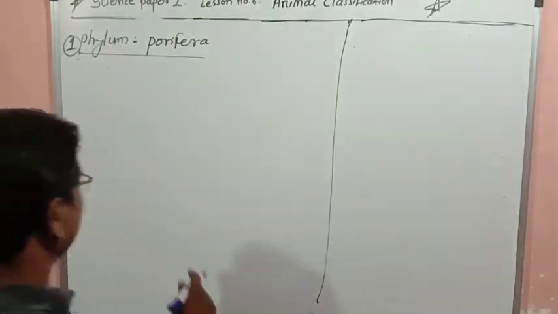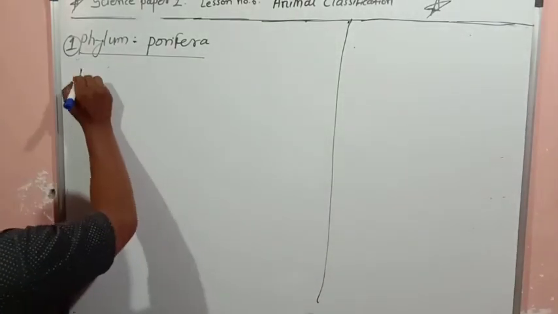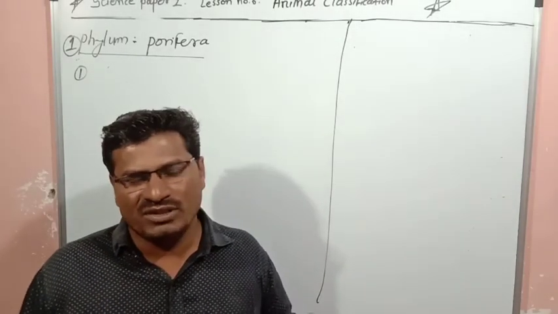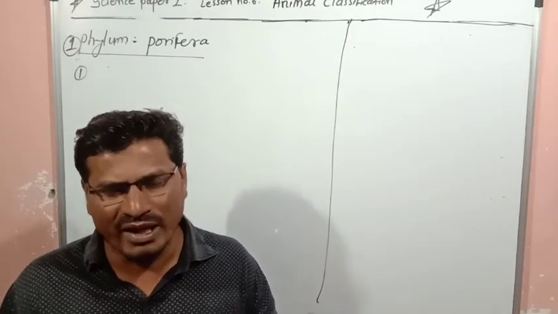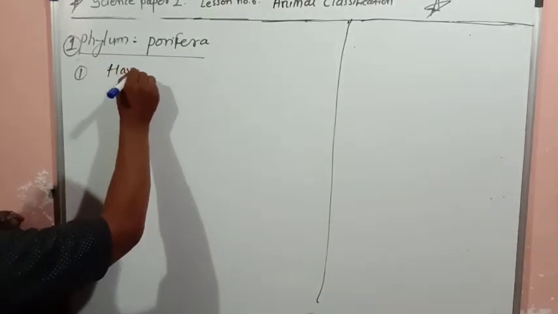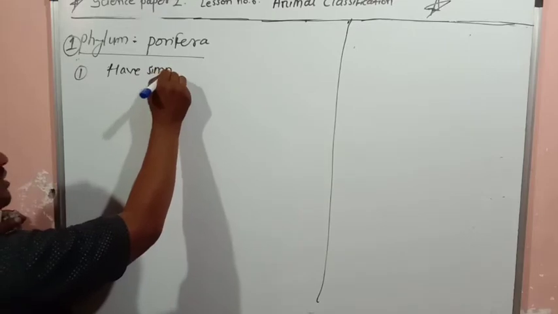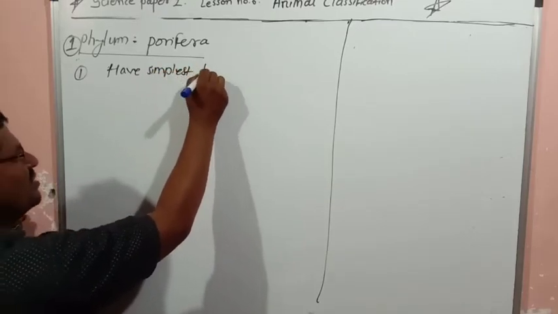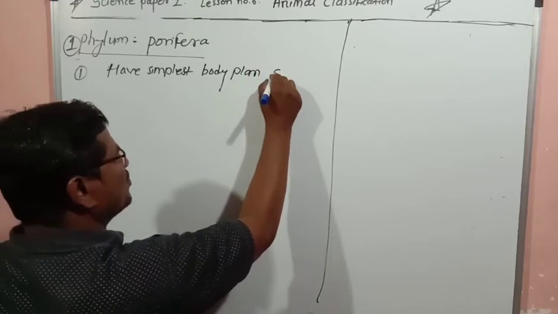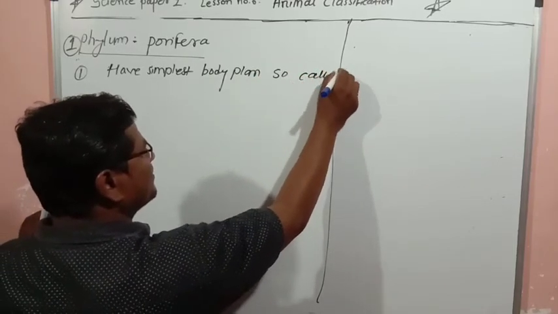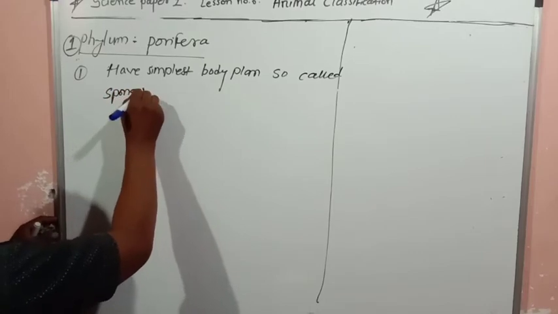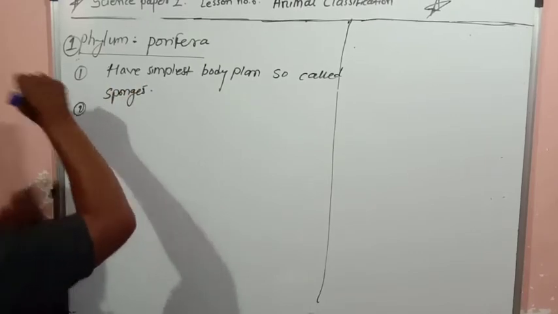Now we will write the characters one by one. First, these animals have a simple or simplest body plan, so they are called sponges.